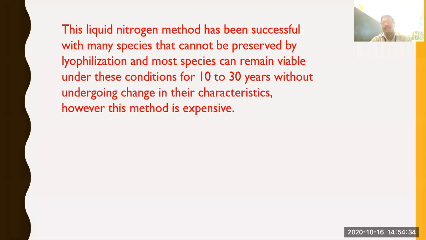Last time we discussed this, particularly the preservation of the umbilical cord. Nowadays we call them banks, where the umbilical cord blood can be preserved up to 25 years, and every year it costs about 25,000 rupees.